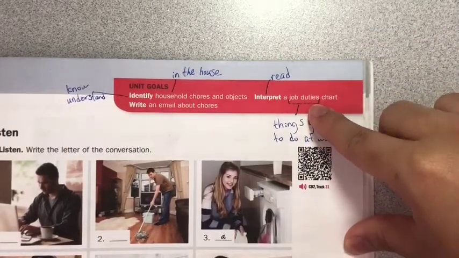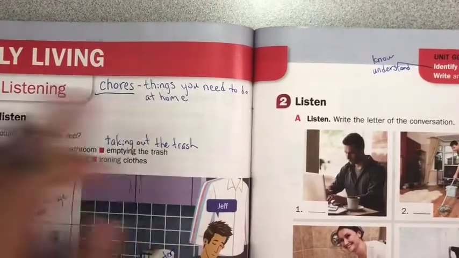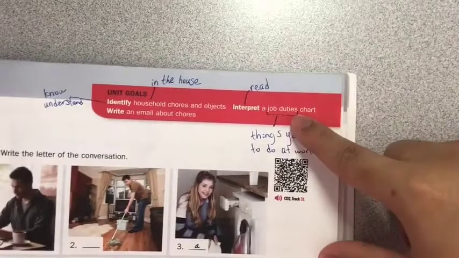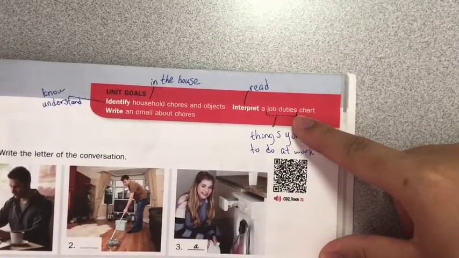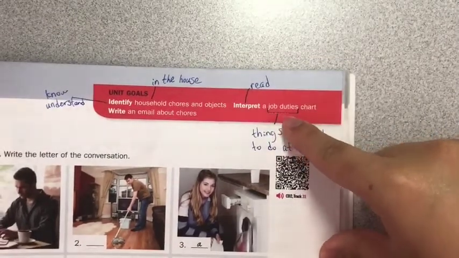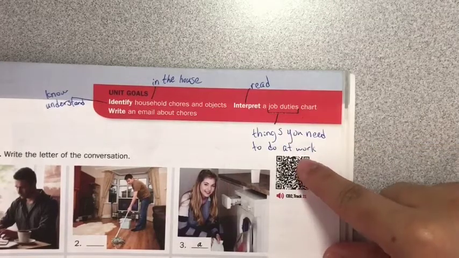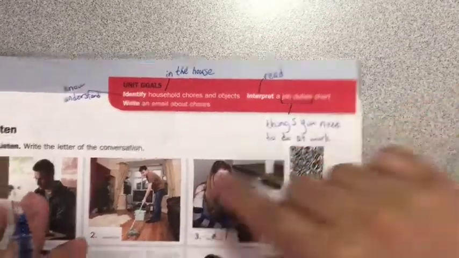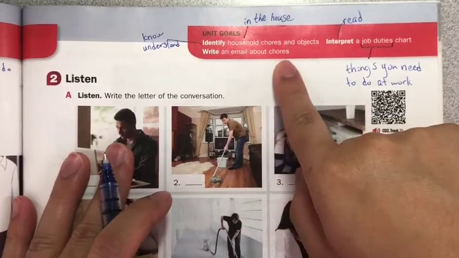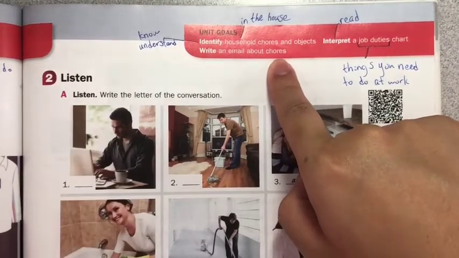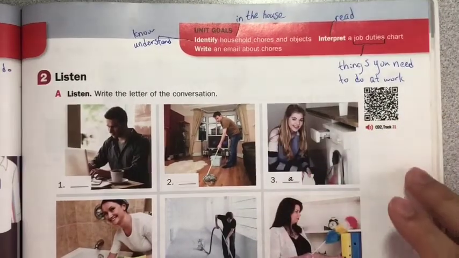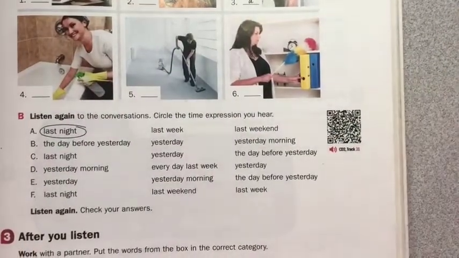Duties are things you need to do. It's like chores. Chores are things you need to do at home. Duties are things you need to do in general. But here we're talking about job duties, so things you need to do at work. And then you need to write an email about chores. Who writes an email about that? Nobody does that, but okay. So I want you to finish this page.